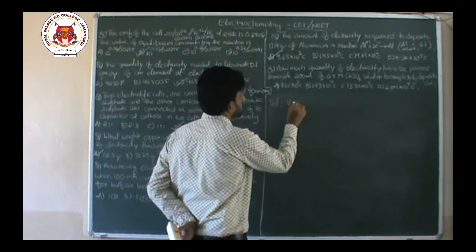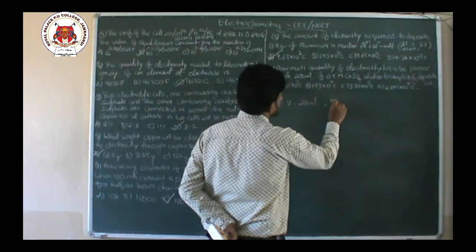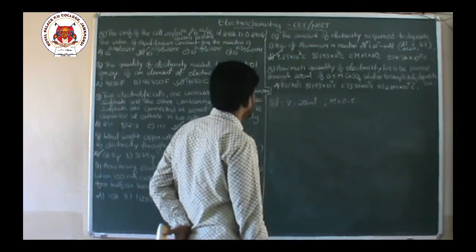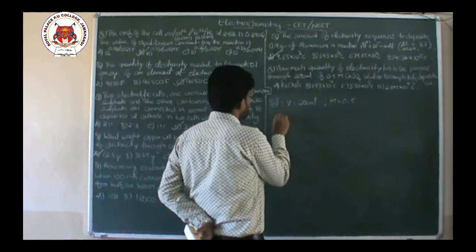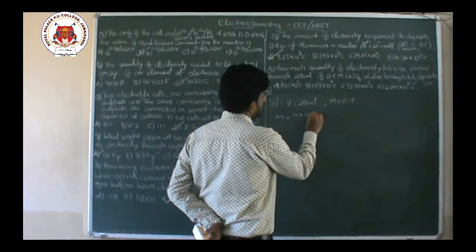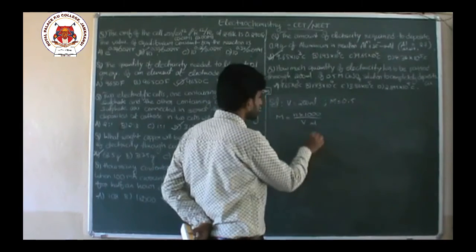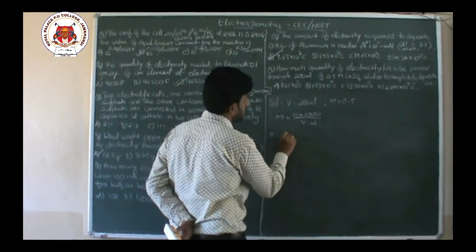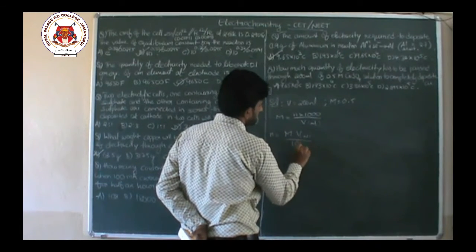So given volume, molarity is 0.5. Now that means number of moles can be calculated from the formula M is equal to n into 1000 by V in ml, right or not, according to molarity. That means from this n will be equal to M into V in ml by 1000 now.